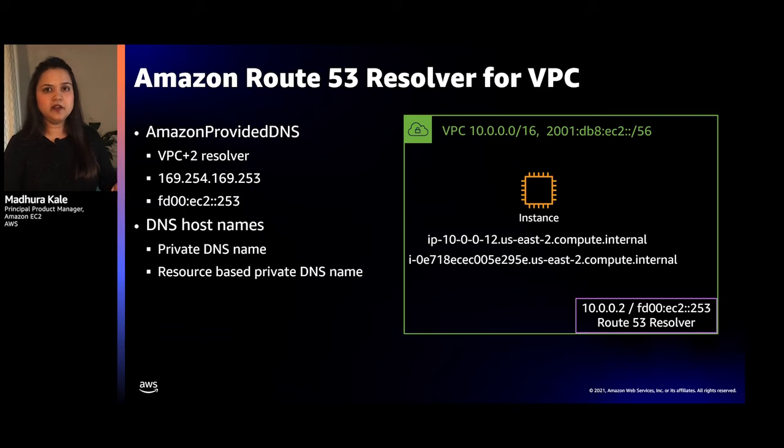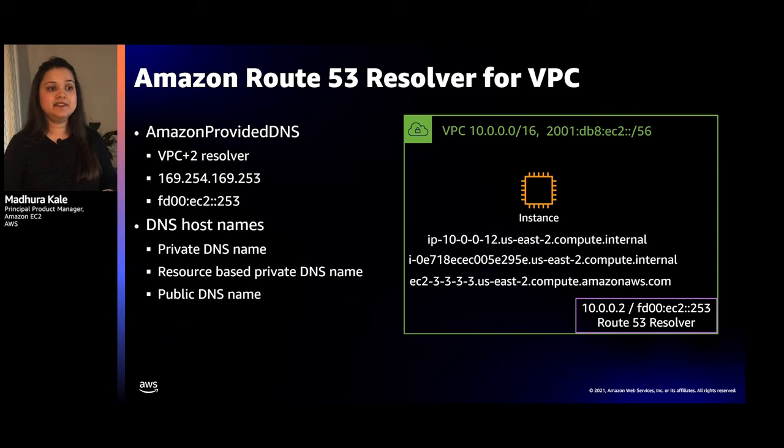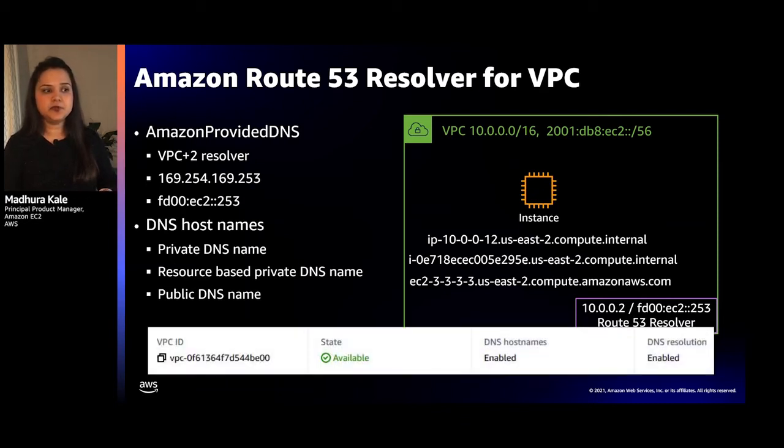It also comes with a toggle where you can enable A or quad A responses on this name if you desire. The final type of name is a public DNS name. This is optionally enabled if you select the DNS host name and DNS resolution attributes on your VPC, and it allows your instance to be reachable over the internet.